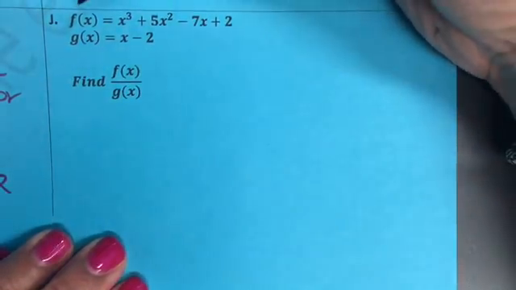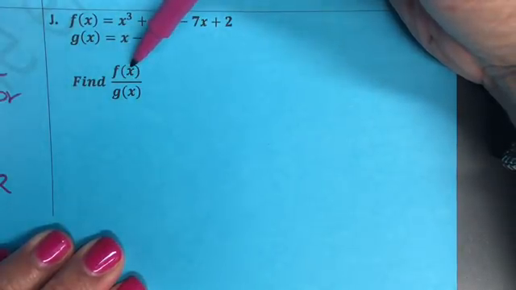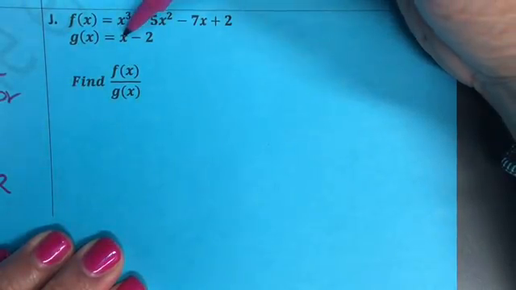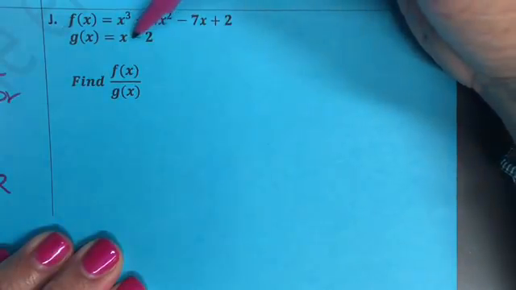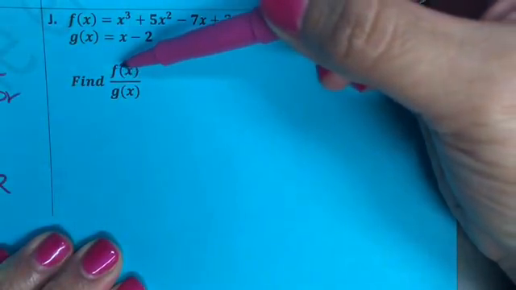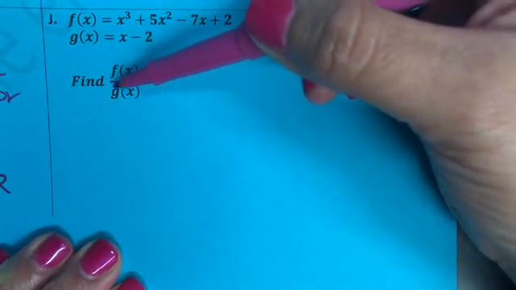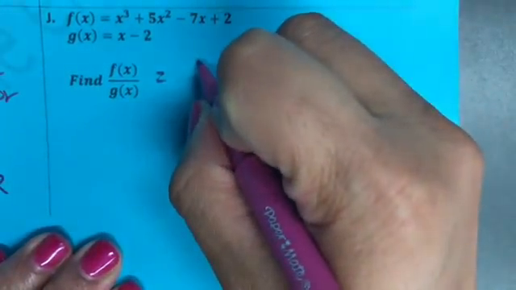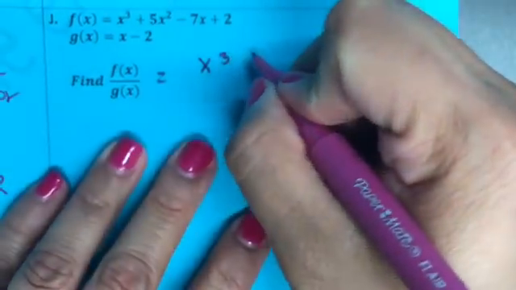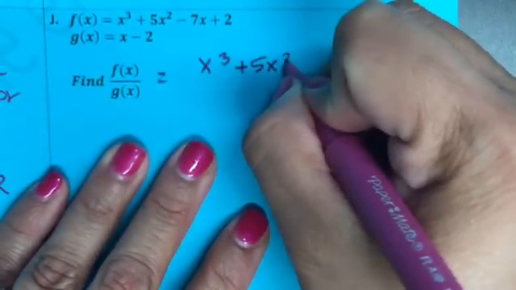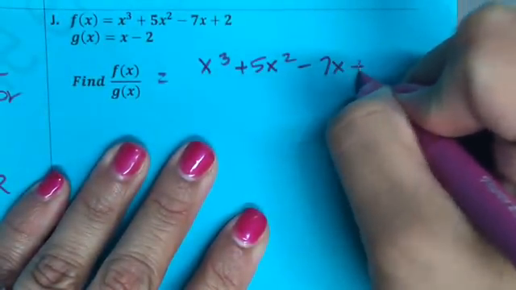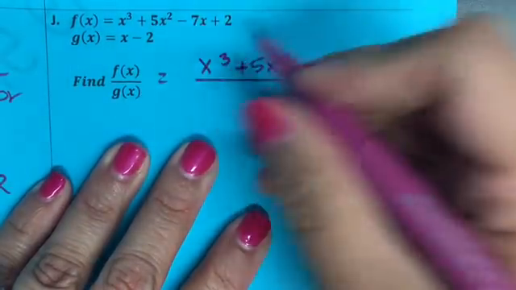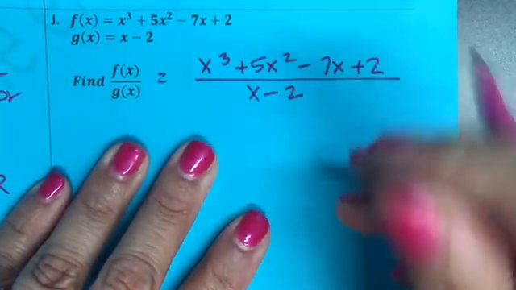So this is a polynomial and another polynomial, but this is going to be to the first power. So f of x divided by g of x, what that means is it's going to be x to the third plus 5x squared minus 7x plus 2 divided by x minus 2.